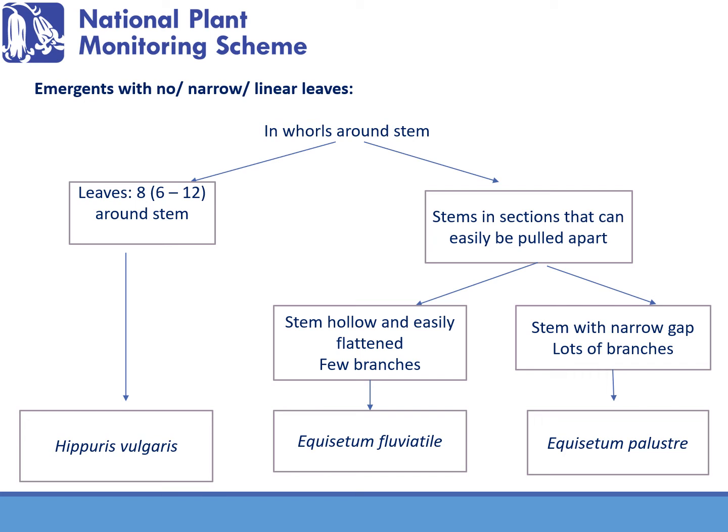Or the leaves might be arranged in whorls around the stem, but the stem itself is in sections that can easily be pulled apart. And if that's the case, then the stem can either be hollow and easy to flatten with very few branches, in which case it's likely to be water horsetail, or the stem might be quite solid with lots of branches, and in which case it's most likely to be marsh horsetail, Equisetum palustre.